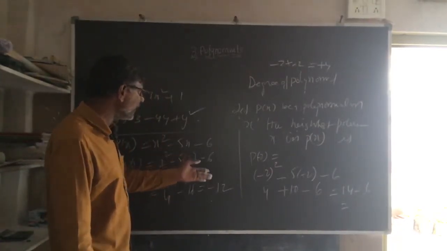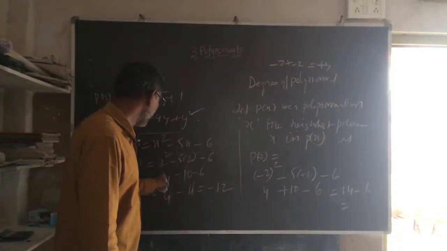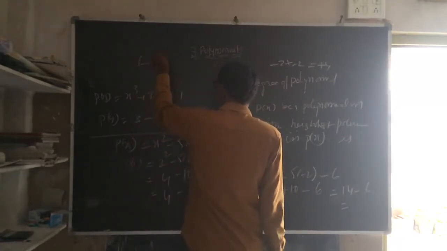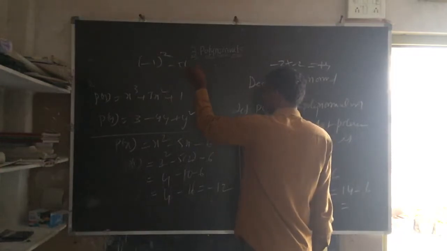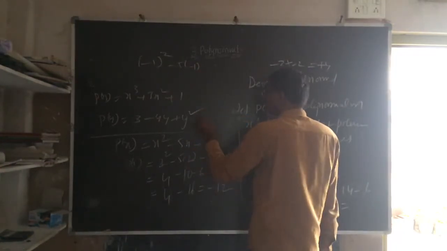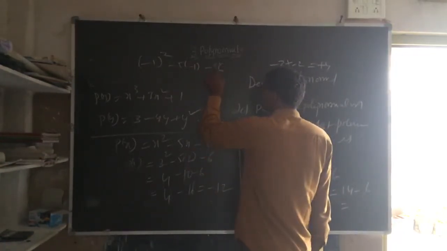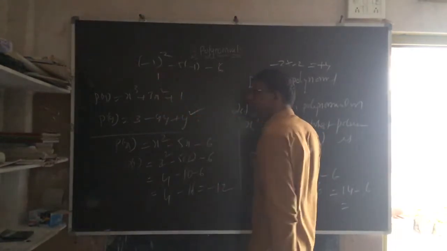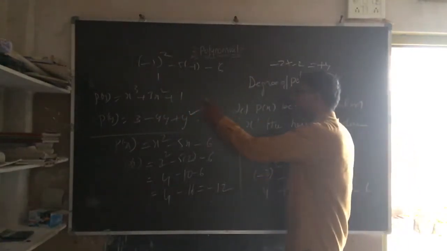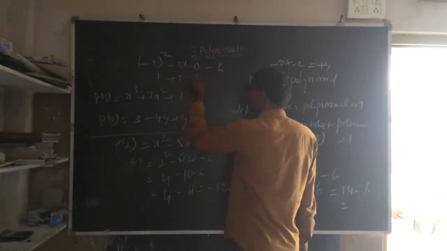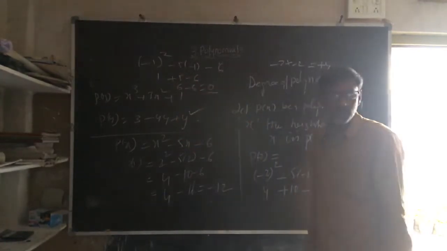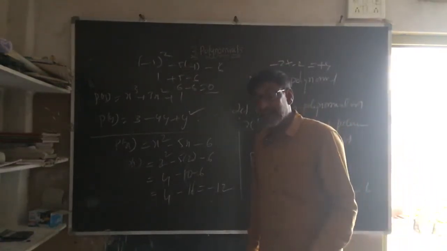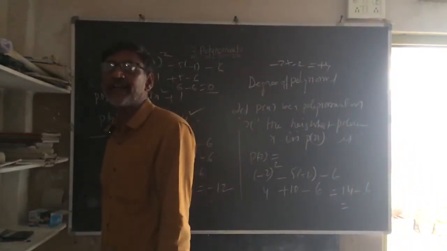By taking minus 1, I will take minus 1. So minus 1 whole square minus 5 into minus 1 minus 6, right? Minus 1 whole square is nothing but positive 1. Minus into minus plus 5 minus 6. 6 minus 6, how much? 0. Sometimes by giving x values, we are getting 0, right?